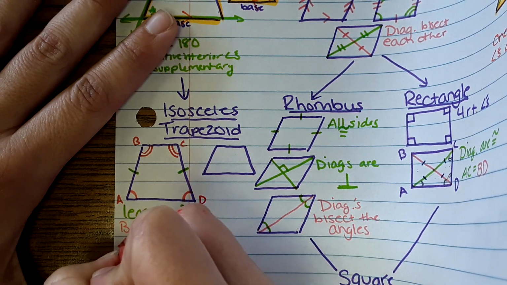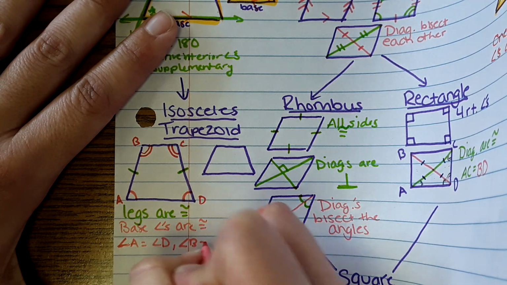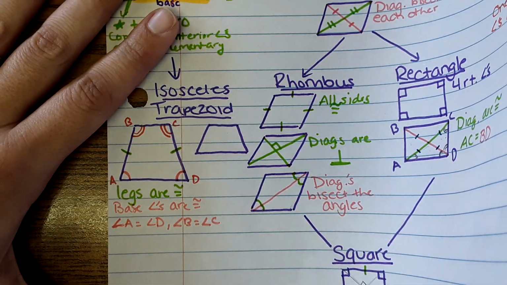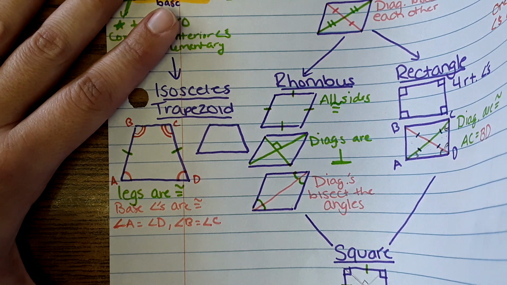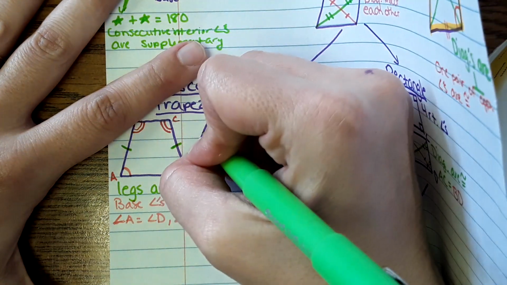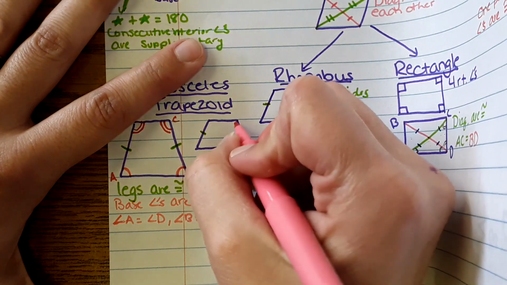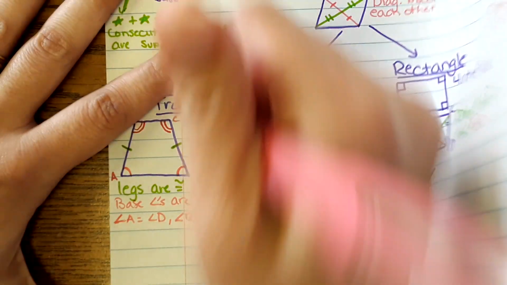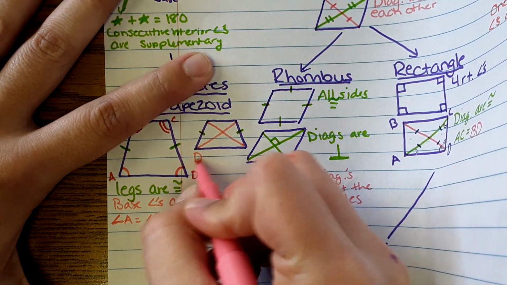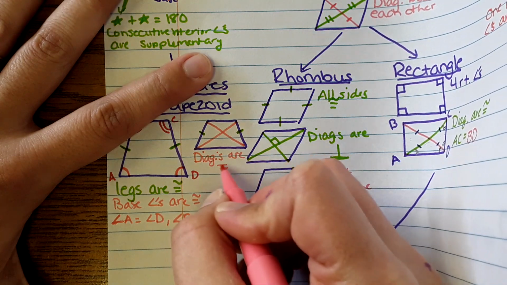So angle A equals angle D, and angle B equals angle C. Okay, and then this is an isosceles trapezoid as well. And the second thing that we need to know about isosceles trapezoids is the diagonals are congruent. So this diagonal is the same length as this one. Diagonals are congruent.